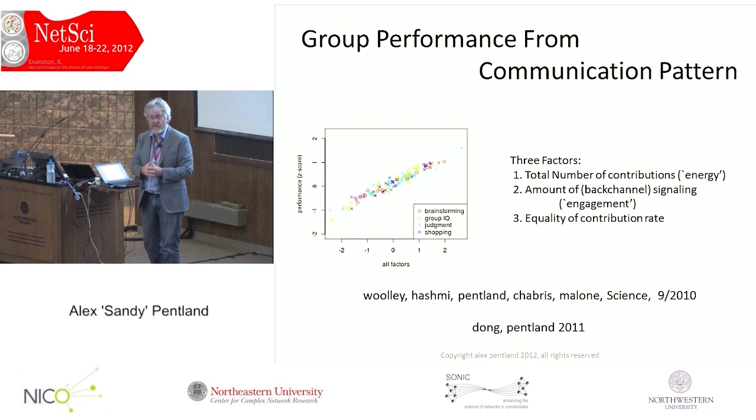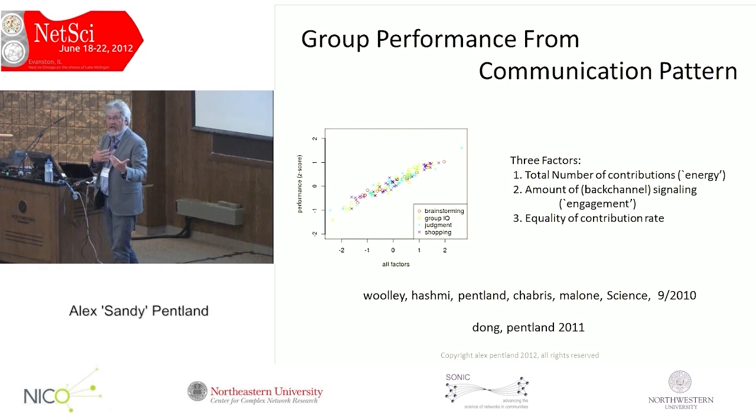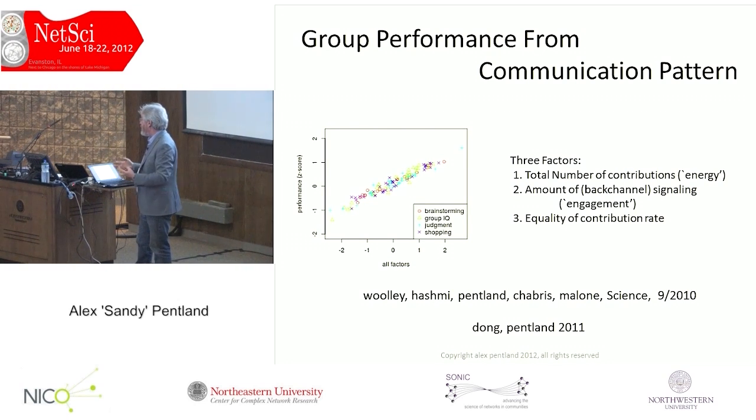Some of the surprising things were that the objective performance of the group was not correlated with the average intelligence of the members of the group. In fact, the things highlighted in that paper were social intelligence, the ability to actually relate to what other people were doing, and equality of contribution. And that was measured using these little sociometric badges.